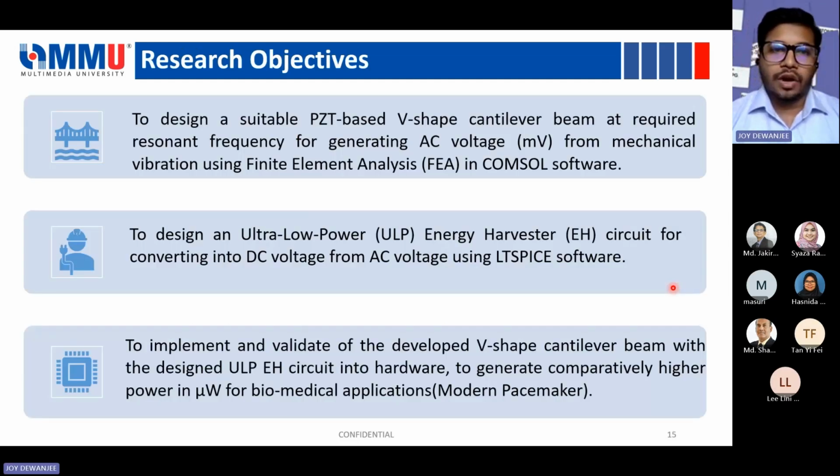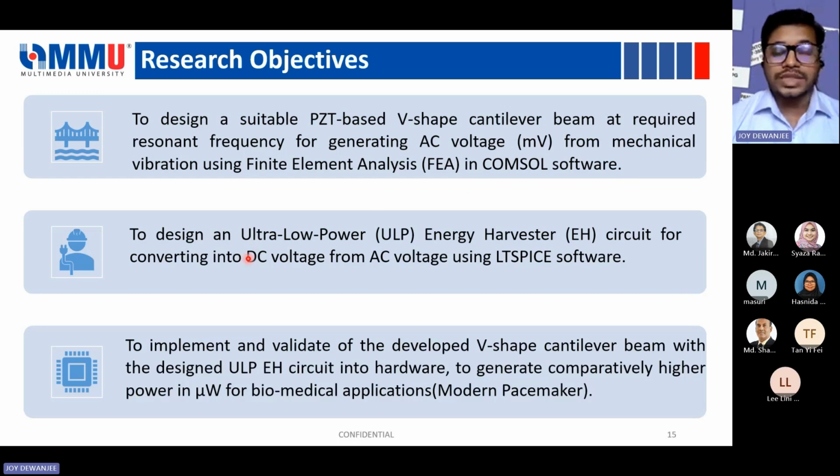In our research, we have three objectives. The first objective is to design a suitable PZT-based V-shape cantilever beam at the required resonance frequency for generating AC voltage, in millivolts, from mechanical vibration using the finite element analysis method in COMSOL software.